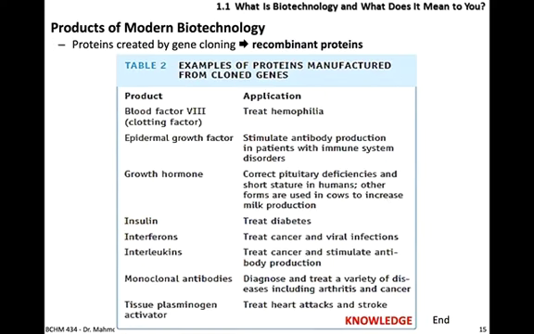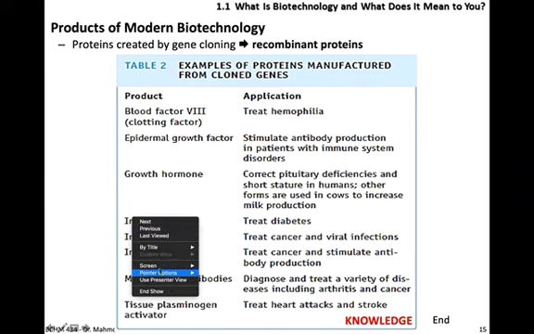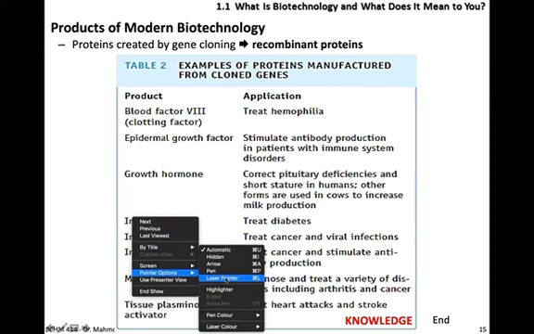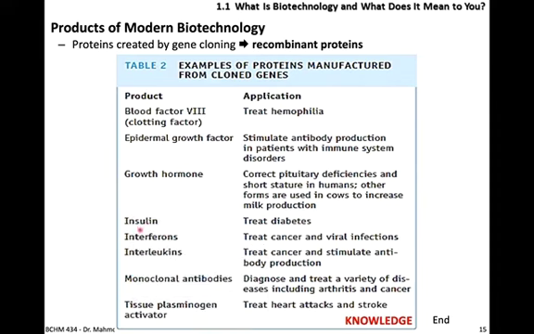You can see here some examples of the products of modern biotechnology. These are proteins that have been developed using gene cloning and recombinant technology, and hence are now named recombinant proteins. You can see insulin, one of the recombinant proteins used to treat diabetes.